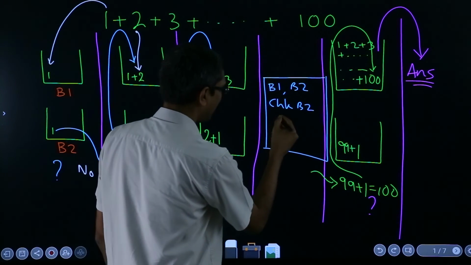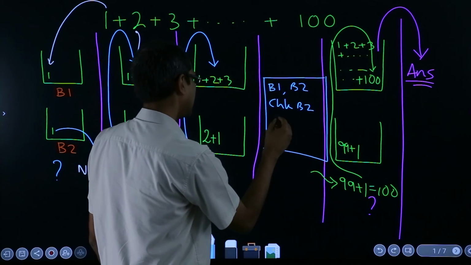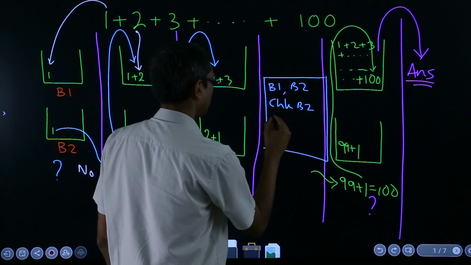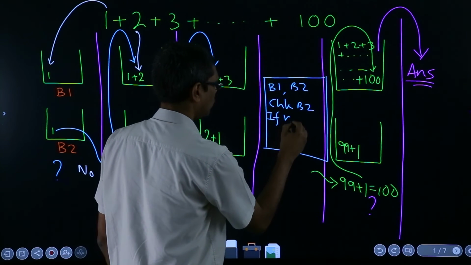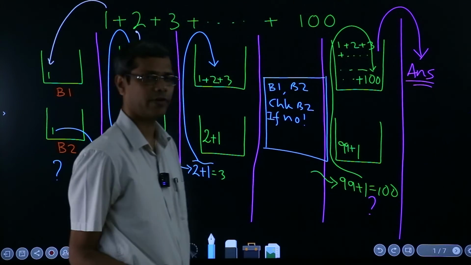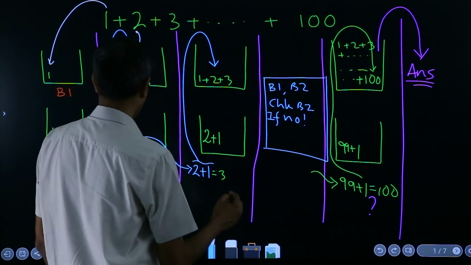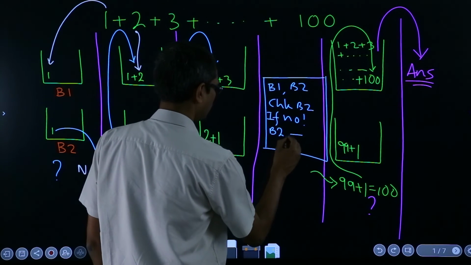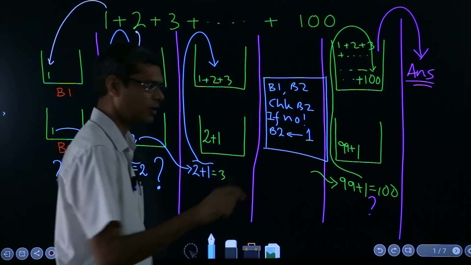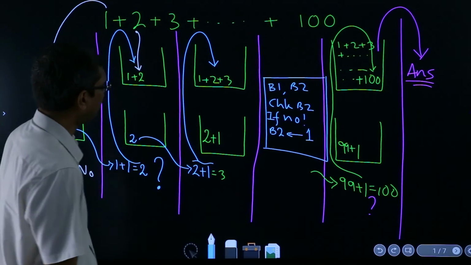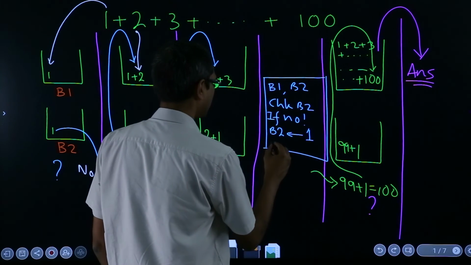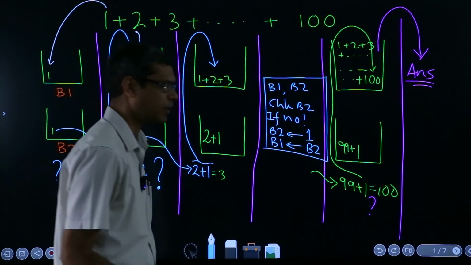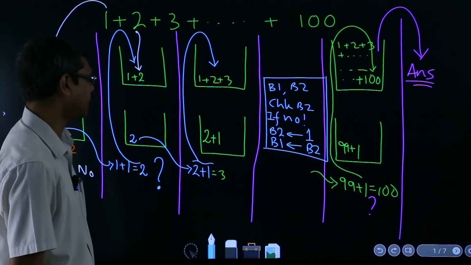If we haven't reached the end, that means we haven't finished yet, then to bucket 2 you add 1, and whatever number that is, you add that to bucket 1, and that's it.